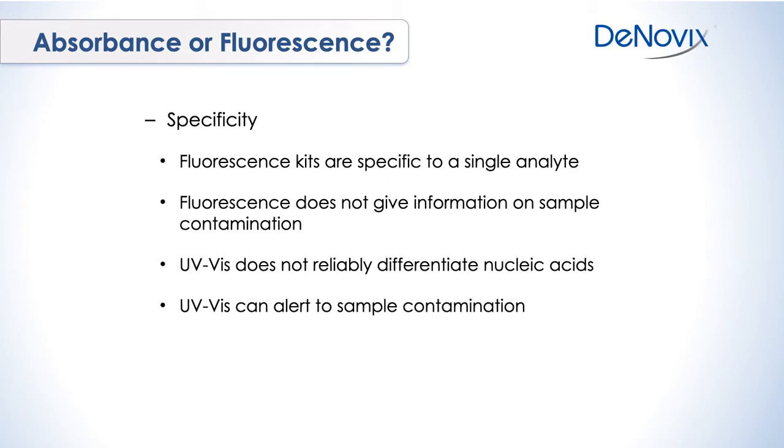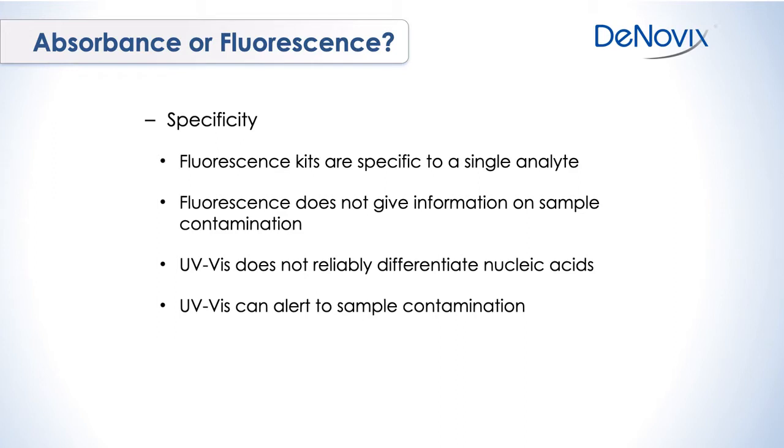When we compare that to absorbance with UV-Vis, we know that UV-Vis won't reliably separate nucleic acids. So if you have RNA in a DNA sample or single-stranded DNA, then you can't do that reliably with an absorbance measurement. You can do that with a fluorescence assay or with a series of fluorescence assays.